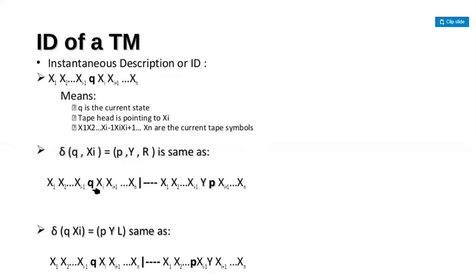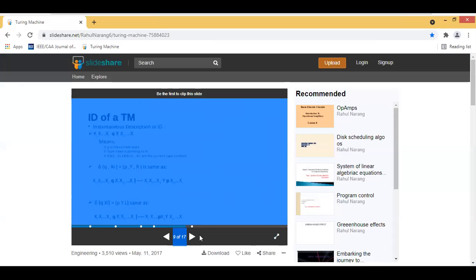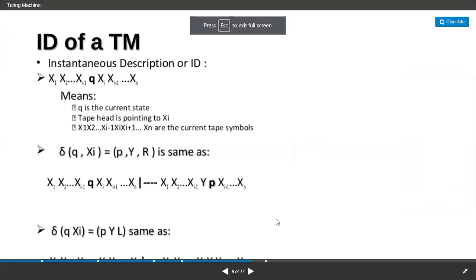When I'm reading this q with xi, the output is p y r. The state should be changed to p, the input should be changed to y, and then you need to move to the right.